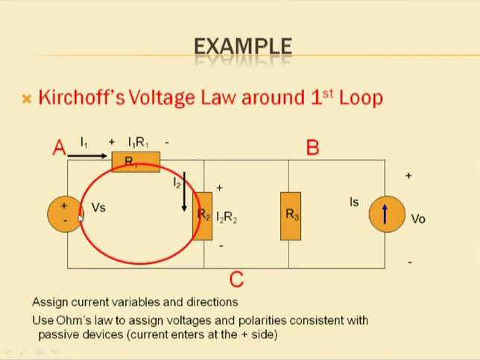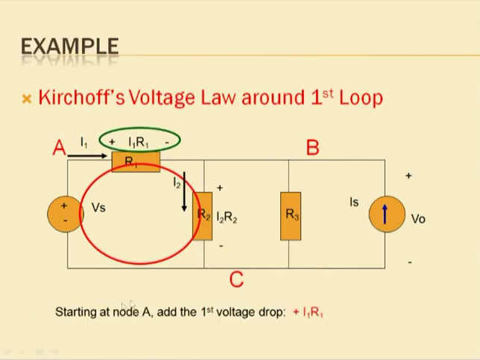Now negative to positive will be considered a voltage rise, and as it is a voltage rise, Vs should be considered negative. So starting at node A, plus I1 R1, we are writing Kirchhoff's voltage law for these branches.